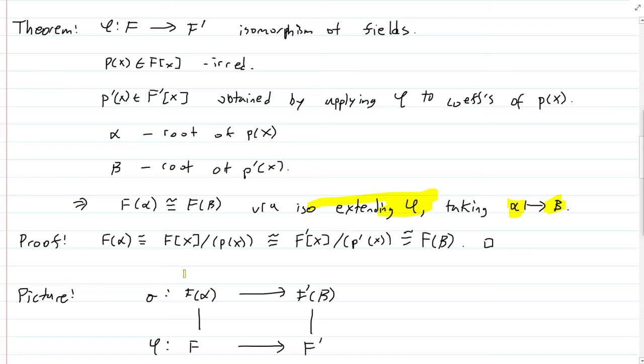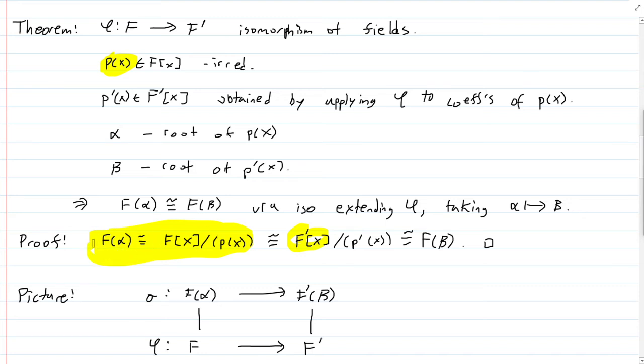And the proof probably is like, so I wrote it in this one line. So it's like f adjoin alpha is isomorphic to the polynomial ring with coefficients in f mod the maximal ideal generated by p, which is isomorphic to, so first of all, this isomorphism is another theorem, and it's very important to understand this isomorphism.